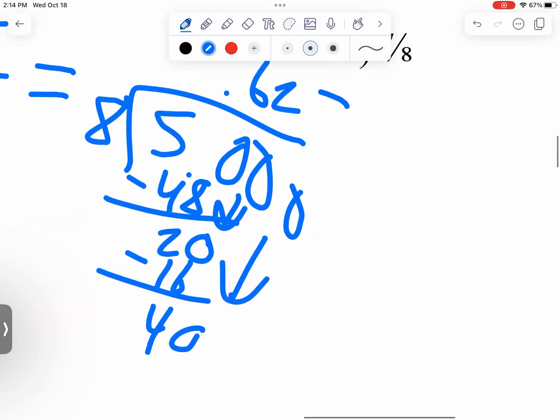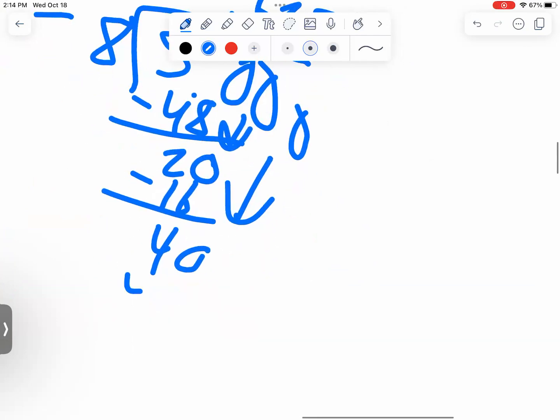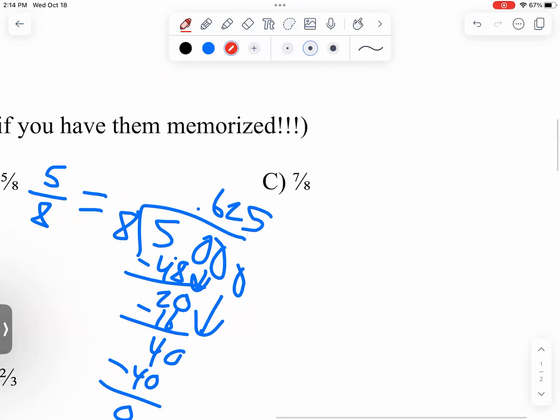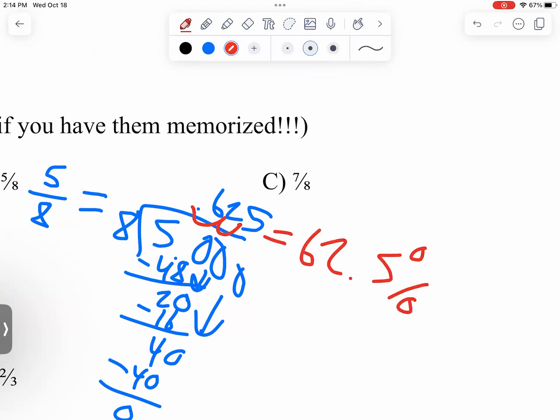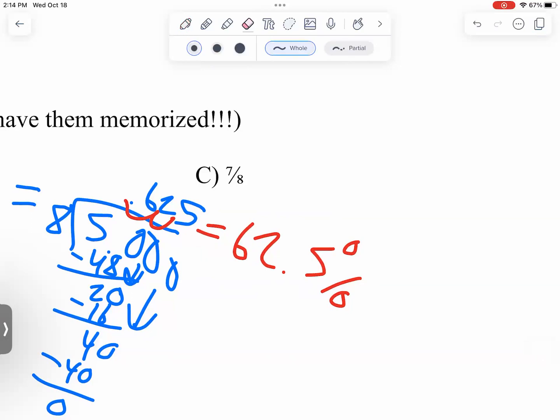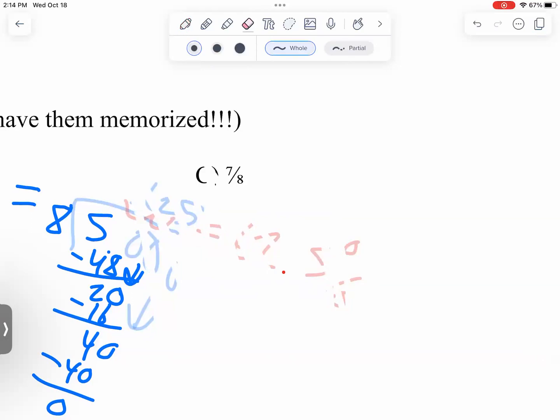And 8 times 5 is 40. Okay. So 0.625, we need to multiply by 100 because it's out of 100. So that's 62.5. Move it 2 places toward where the percent sign is going to be. And there we are. 62.5%. All right, third one.